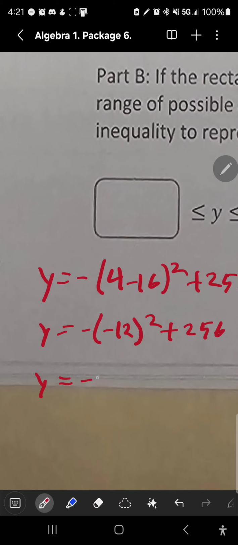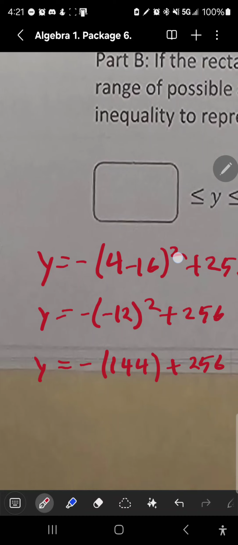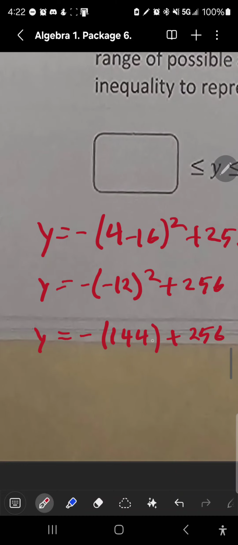Negative 12 squared is positive 144, so negative 1 times 144 is just negative 144.